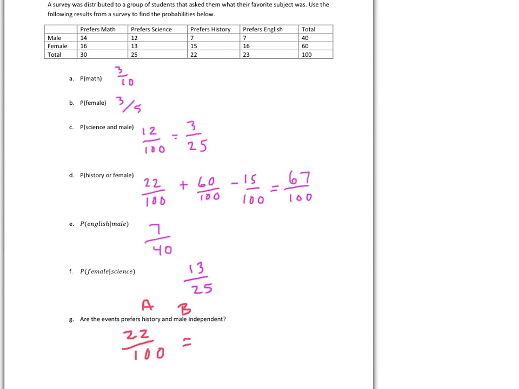And then we want the probability of A given B. Now we're looking at just the males, and there are 40 males and 7 prefer history. So these are not equal, which means that these events are not independent of each other. There's a chance that gender could affect whether a student prefers a specific subject.